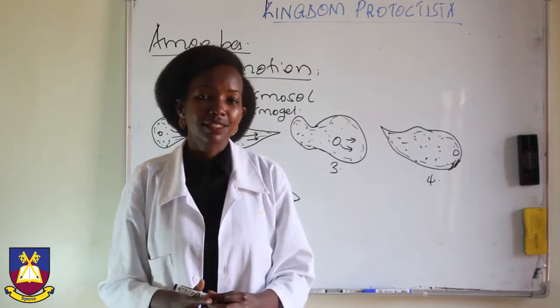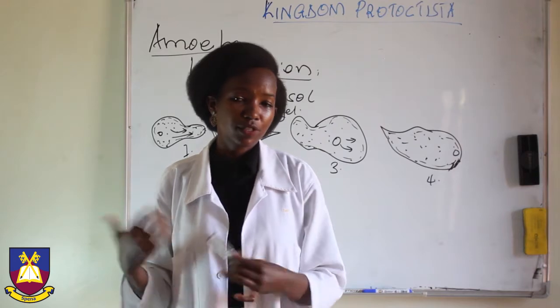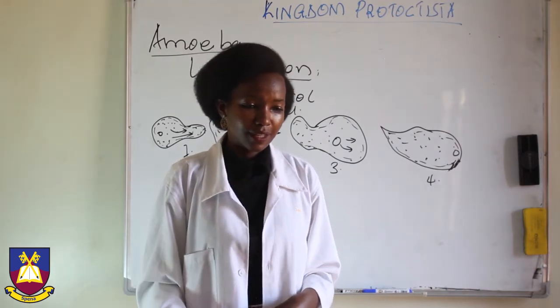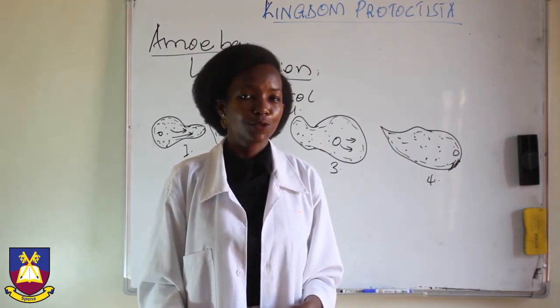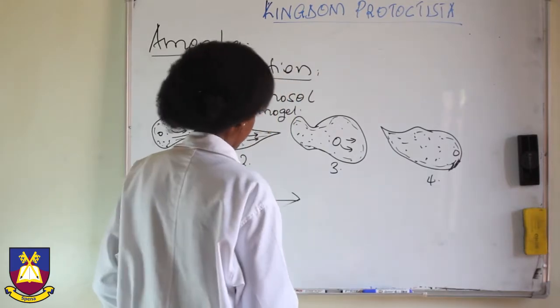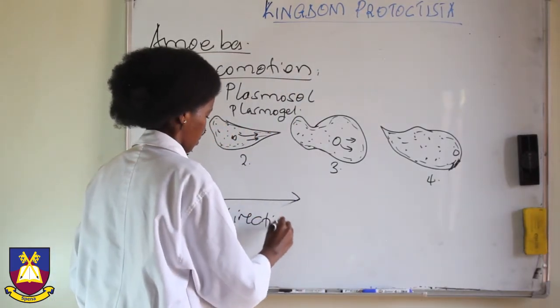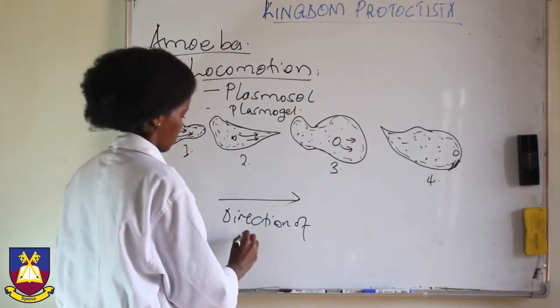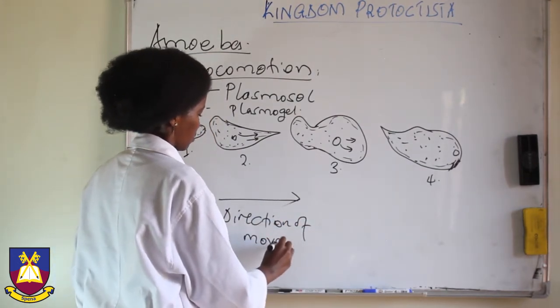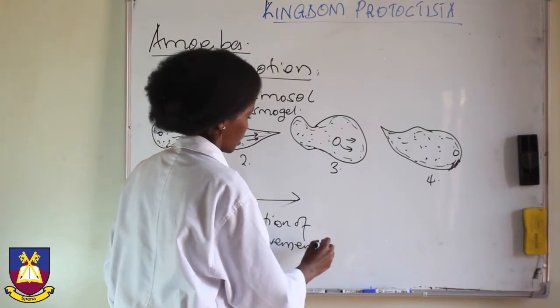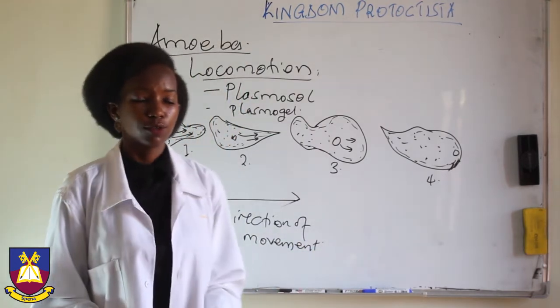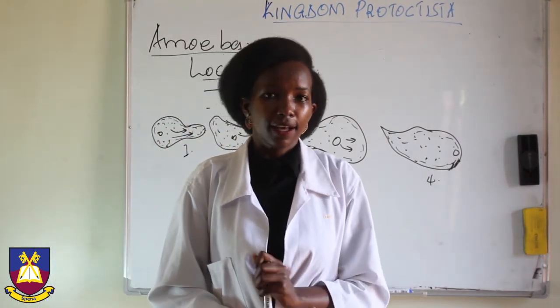And that's what it does to locomote from one point to another in the water, maybe at the bottom of the pond. So this is our direction of movement. And so that is all about locomotion in amoeba.